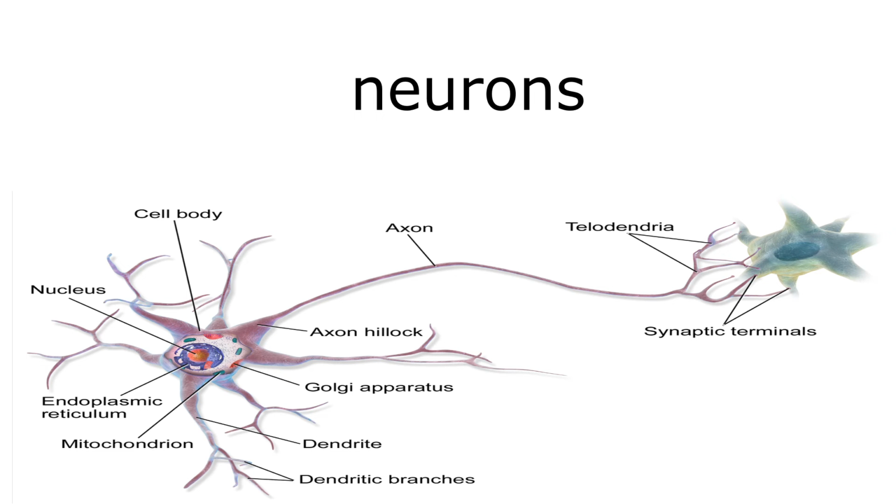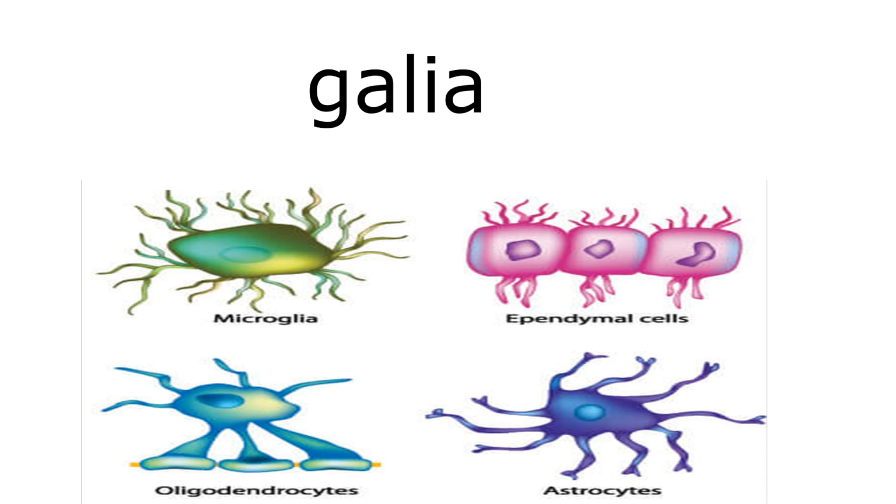Now let's talk about cells of the nervous system. The nervous system has basically two types of cells, neurons and glial cells. Neurons are specialized cells that can receive and transmit chemical or electrical signals, and glial cells are supposed to provide nutrition and support to the main functionary cell, that is the neuron.